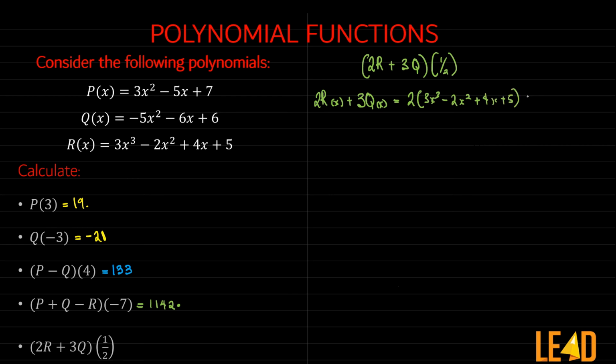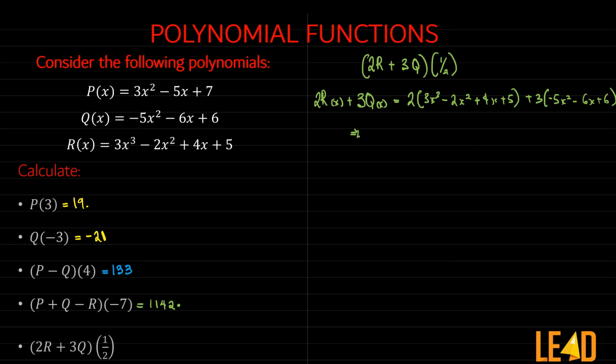And then plus 3 bracket minus 5x squared minus 6x plus 6. Okay, so that is 2r of x. Again, I'm checking my numbers. And plus 3q of x. Okay, so we're good to go.